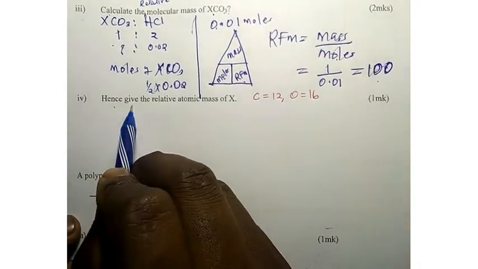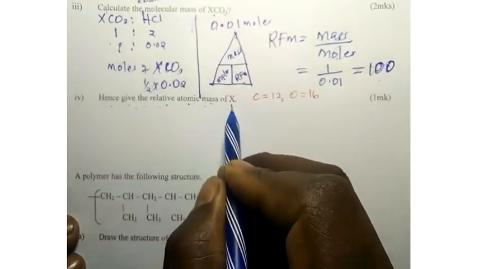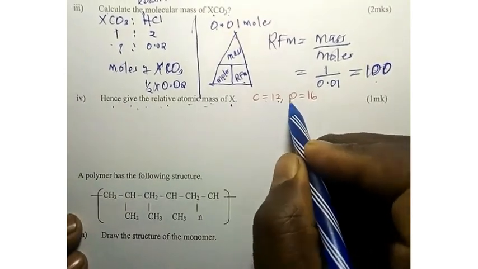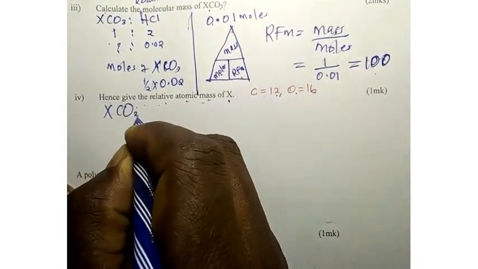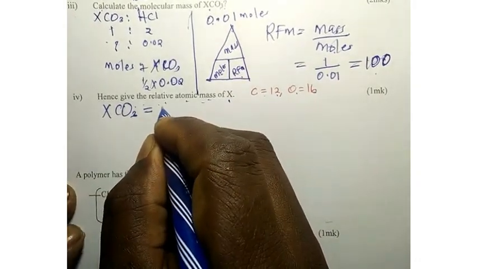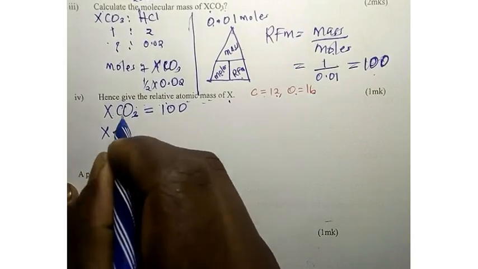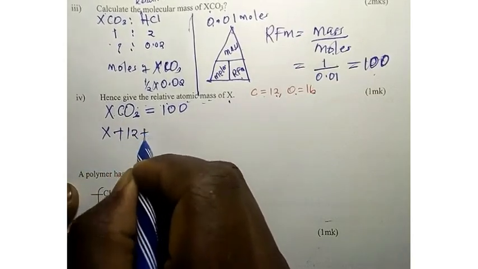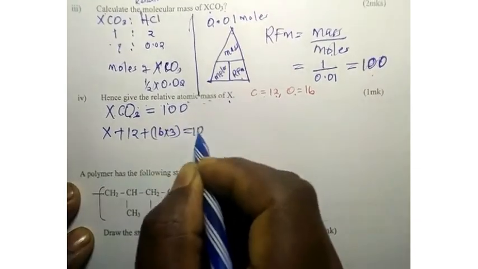Therefore, the RFM of the X carbonate is 100. Hence, give the relative atomic mass of X, given that carbon is equal to 12 and oxygen is equal to 16. X carbonate has an RFM of 100, but X we don't know. So X plus 12 plus 16 times 3 gives a total of 100.